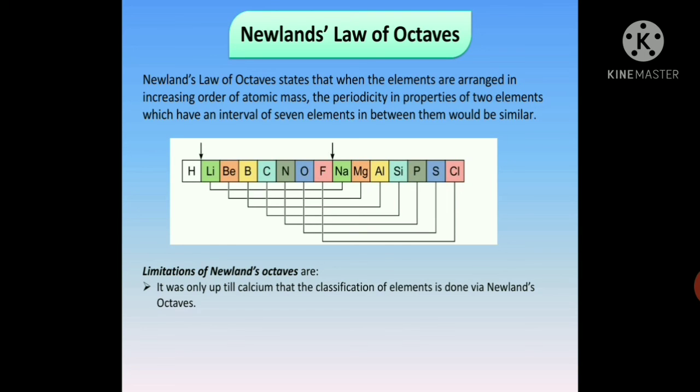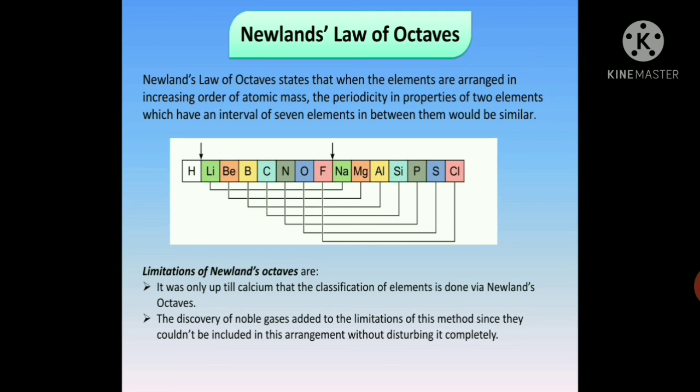Newland fitted all the known elements in a table of 7 by 8, that is 56 boxes, and placed these elements into all these boxes. The discovery of noble gases added to the limitations of this method, since they could not be included in this arrangement without disturbing it completely.